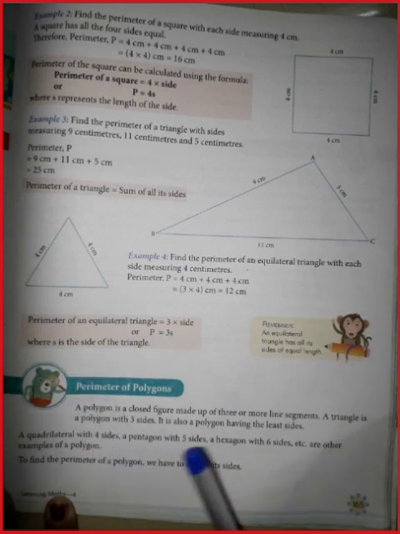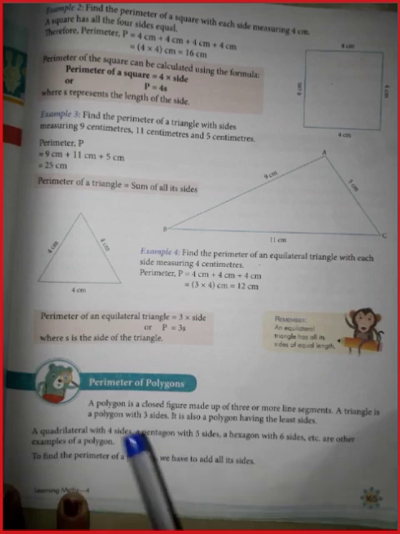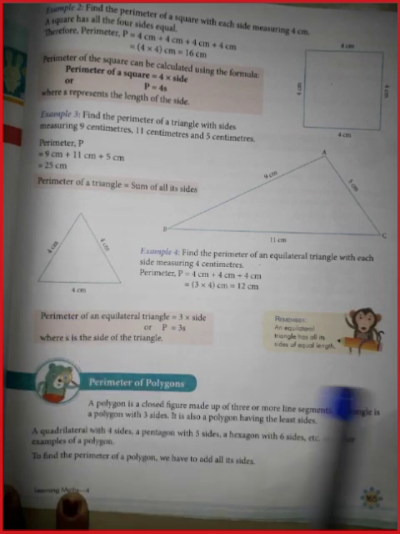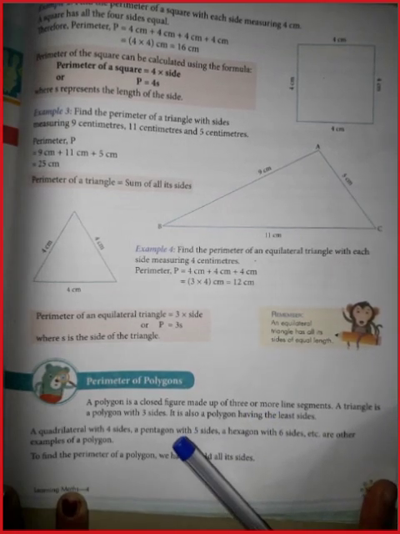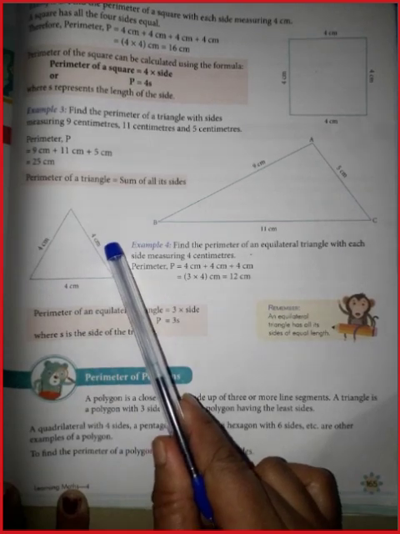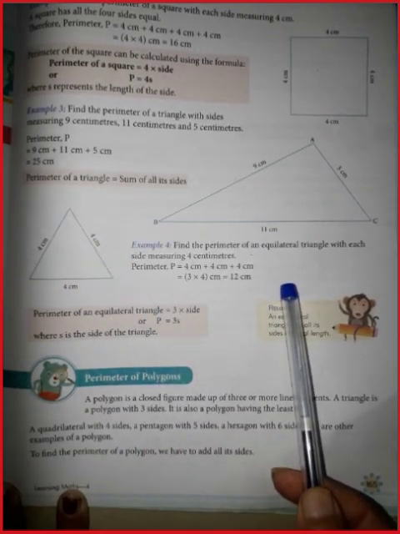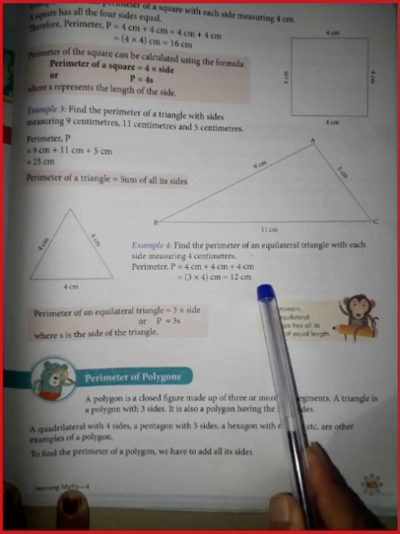Fine. Now here is a triangle whose all sides are equal, means to say equilateral triangle. Equilateral triangle. In this what we shall do? 3 sides are equal, one side is 4. If we add all the sides is also okay. 4 plus 4 plus 4 as given here is also okay.